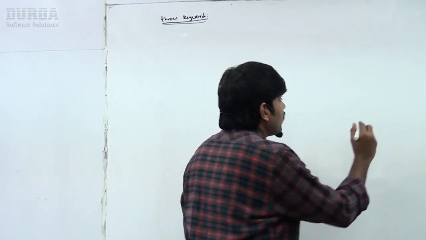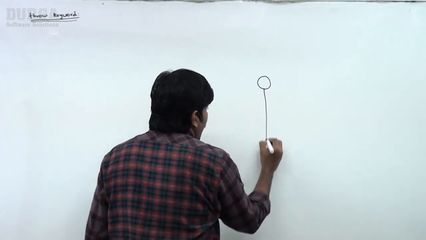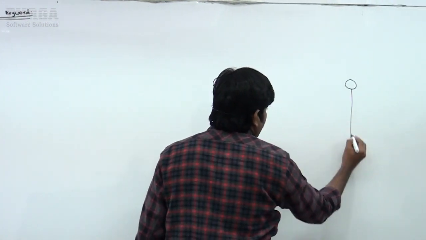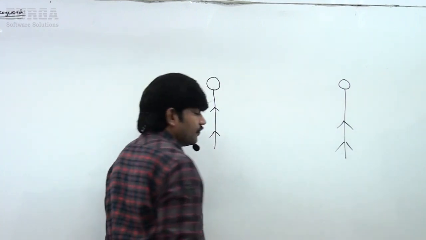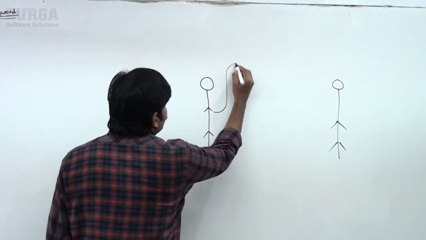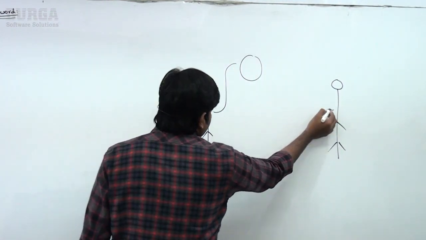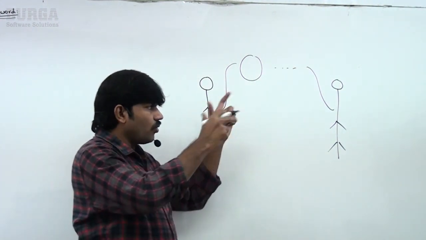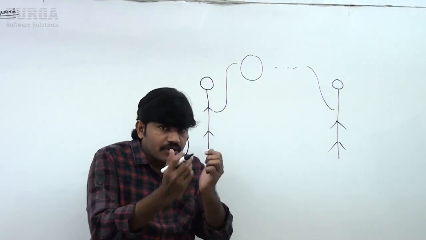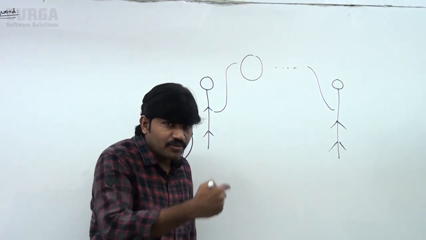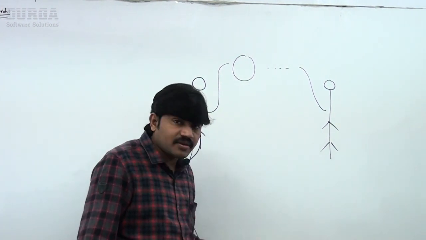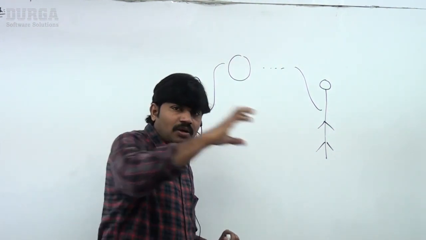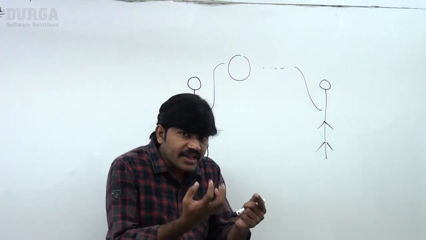Assume the first person throws something, and the second person is going to catch it. If you are aware of this, there is nothing in the throw keyword. The first person throws the ball, and the second person catches that ball.